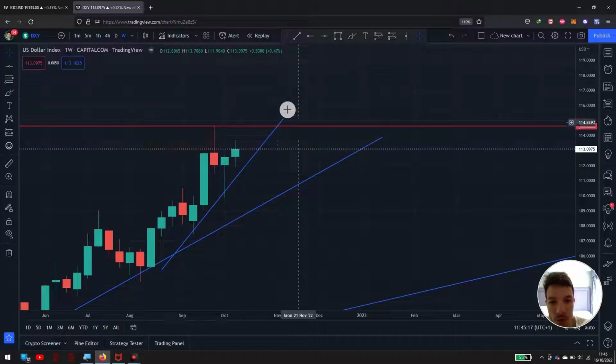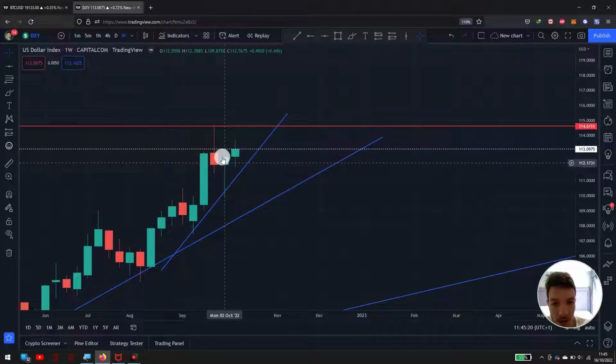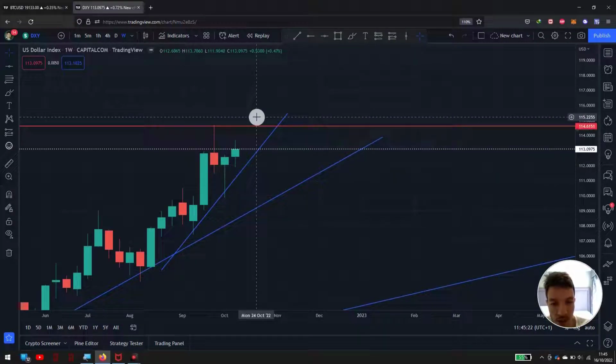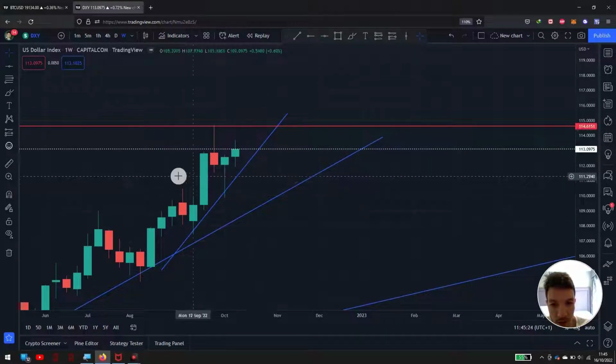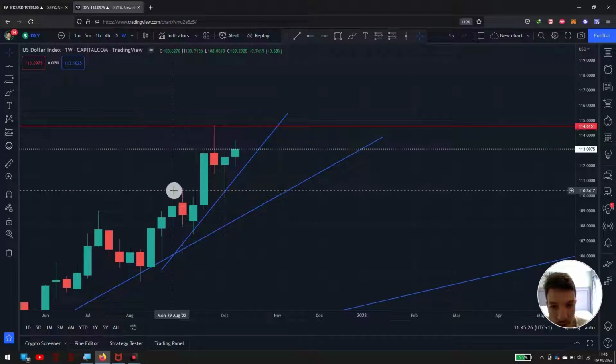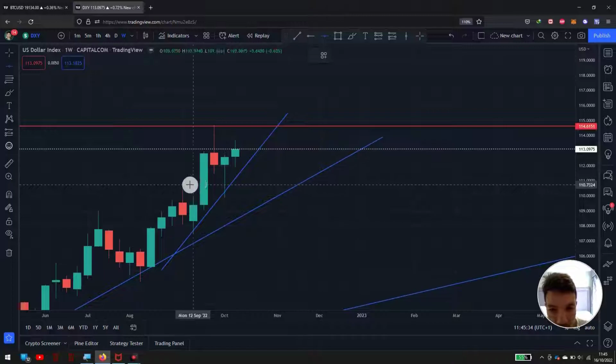And if it wants to come back as a pullback, it will come back somewhere around this area here, and you can see it has exactly reacted at this area, at this level. So we have also another trend line here.